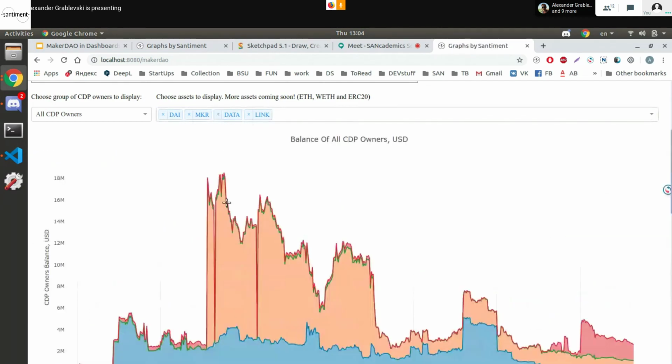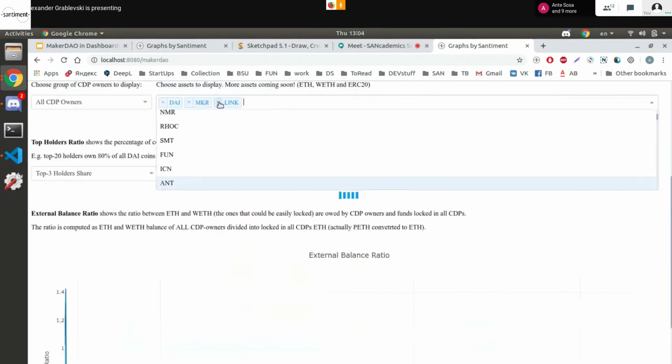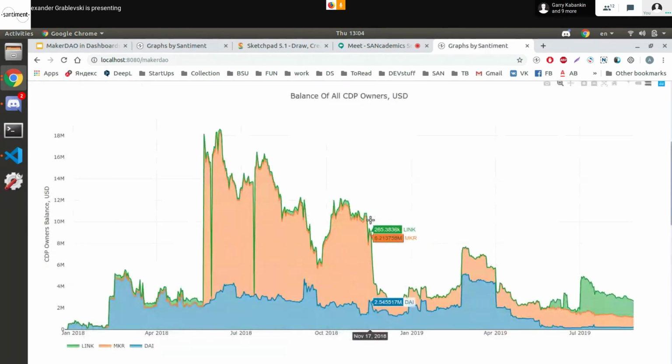So this first graph is basically the same as our current version. It shows you the net amount of tokens in USD terms held by these addresses in total.